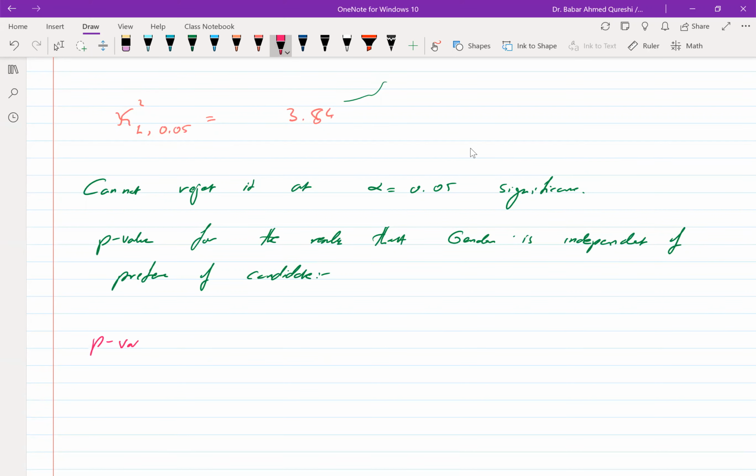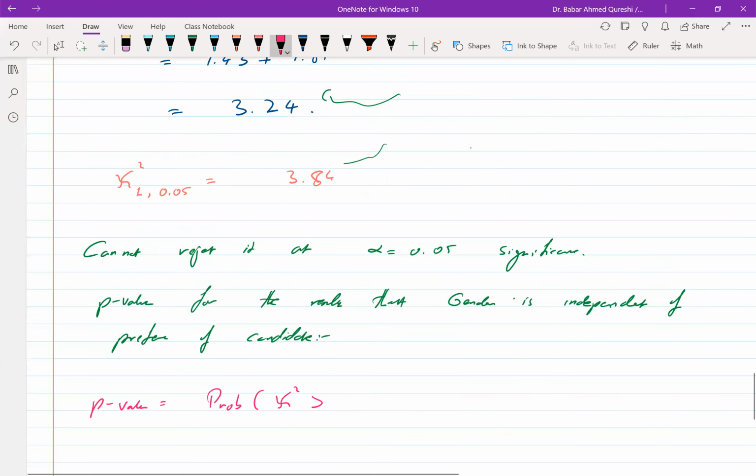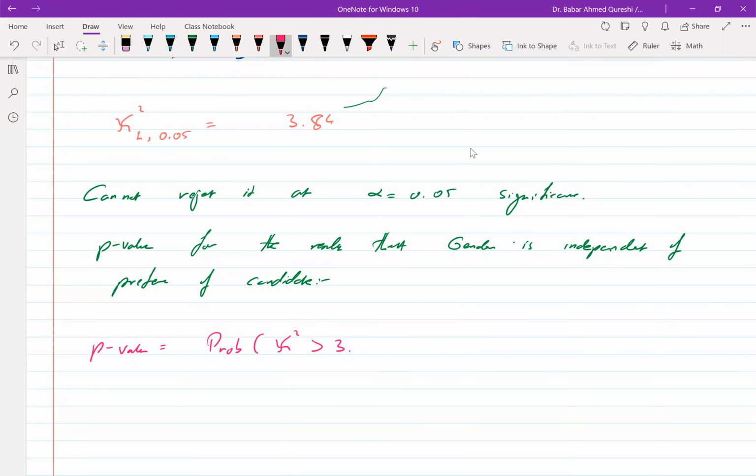So p-value is the probability that chi-square with 1 degree is greater than 3.24.